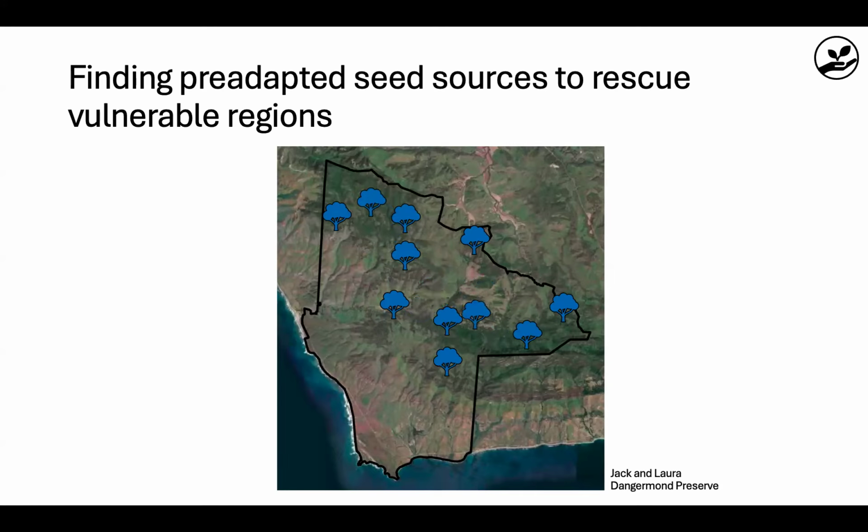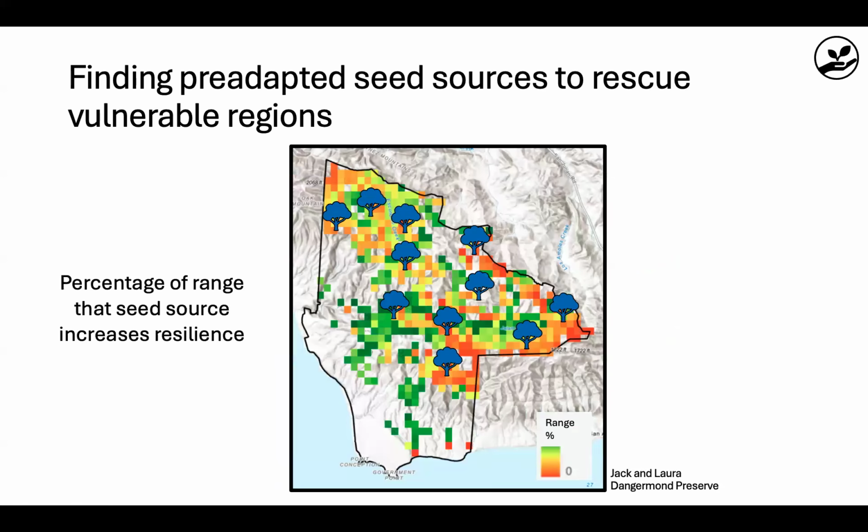So you do this for all the tree grid cells, and what you get is basically the percent of the range that this grid cell, or this bunch of trees, would increase resilience. So this is a percentage. Greener is 100% and red is 0%. So really, if you're looking for good seed sources for all of Dangermond, you would start looking at these darker green areas that are good for 100% of this preserve, right?